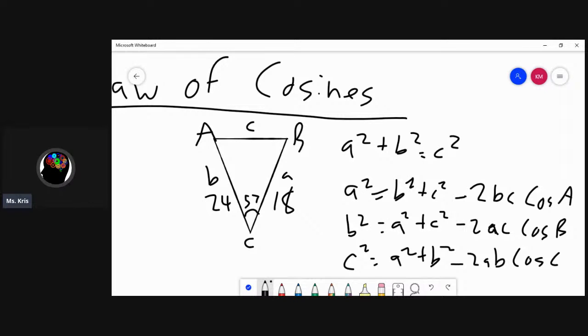So now, since we are looking for side length C, this is the equation we will use.